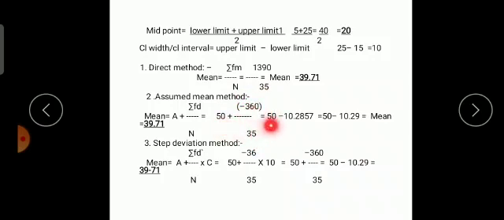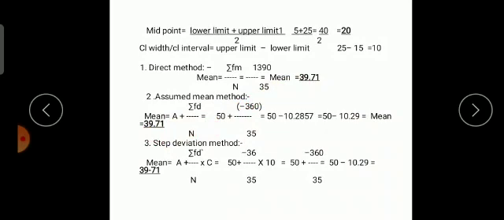So here 50, and plus into minus is minus, so 50 minus 10.2857, you get 50 minus 10.29 as the mean. 50 minus 10.29 is equal to 39.71, which is the same answer as the direct method.